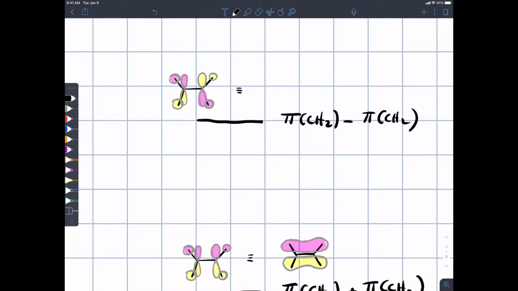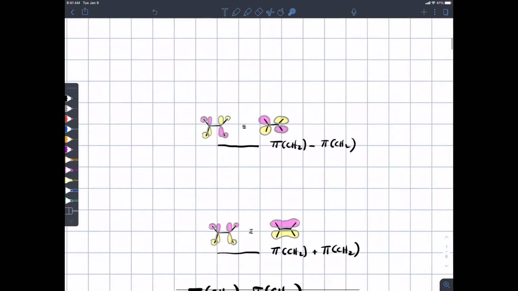If we were to draw what this orbital looked like, what we would see would be in the plane of the page orbital lobes like this, covering the space between carbons and hydrogens.